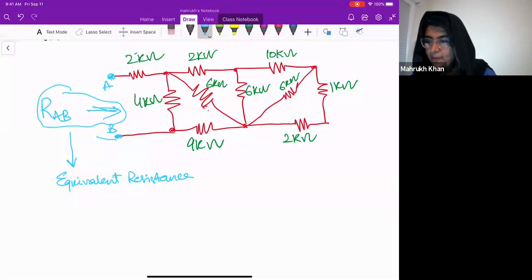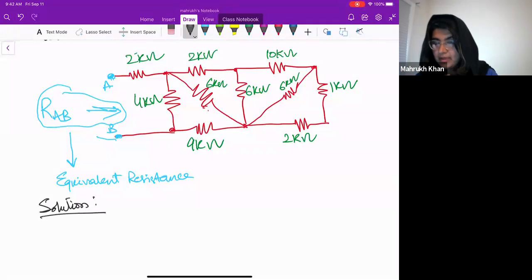So in this circuit, from where should I start? What do you think? I know it looks complicated, but I will start from this side.